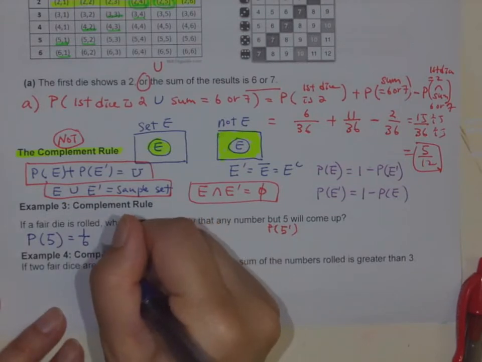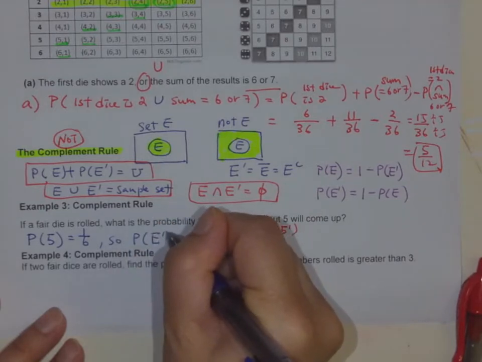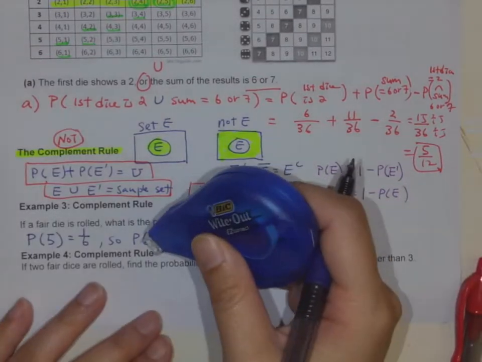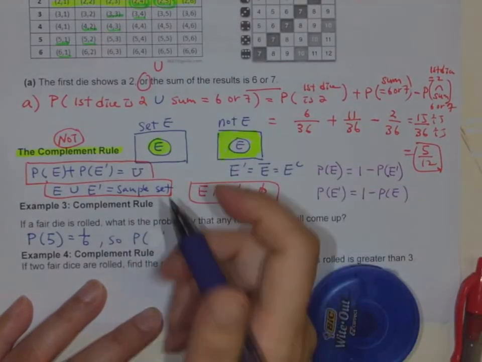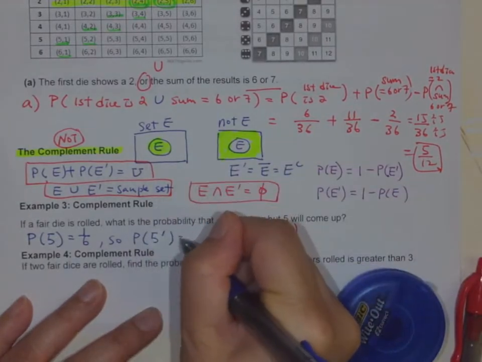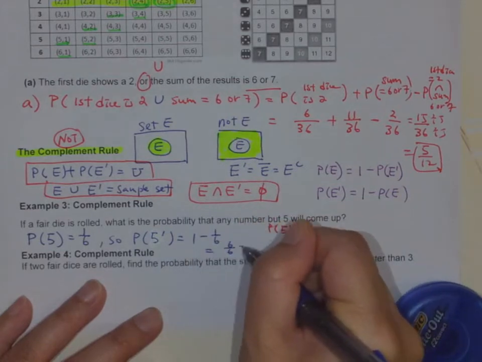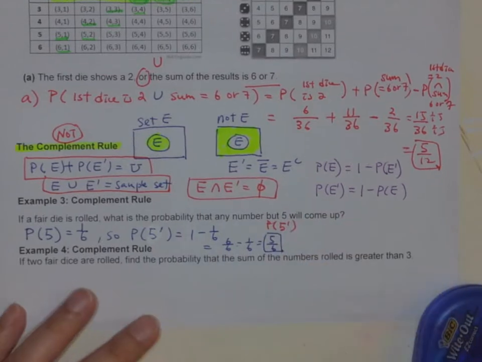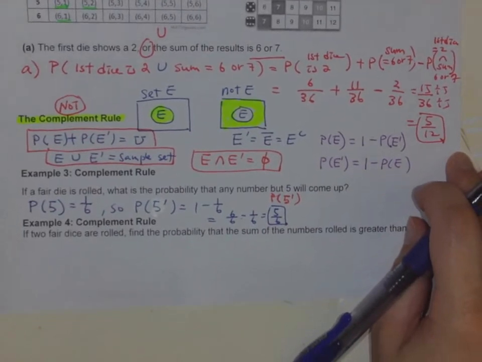So if I need to find probability of not 5, this means like E is 5, rolling a 5, right? Probability of not 5, that would be 1 subtracting 1 over 6, or you can say 6 over 6 minus 1 over 6, so it would be 5 over 6, right? So this is probability of not rolling a 5 is 5 out of 6 times, alright?